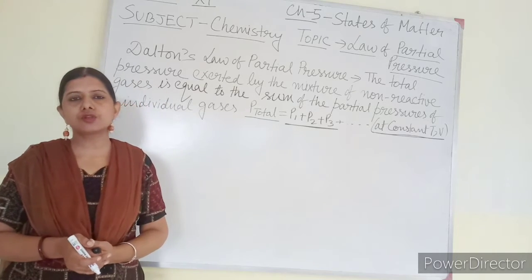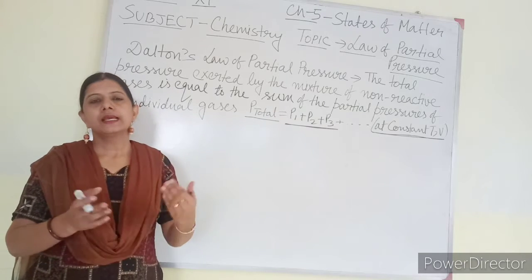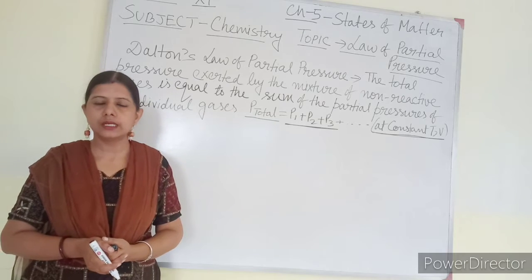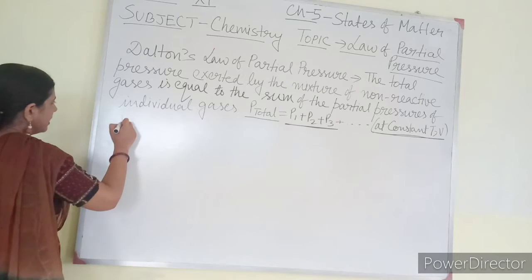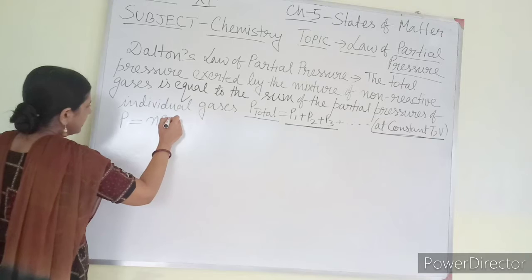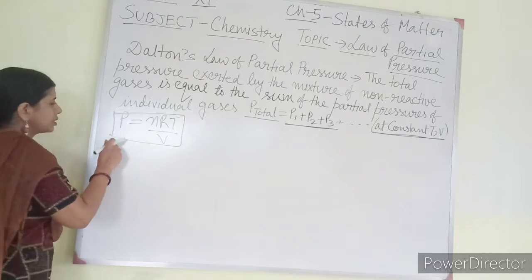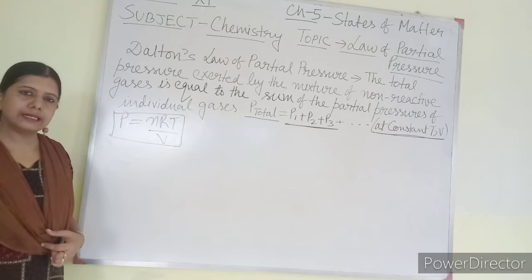So number of moles of gas 1 or gas A is N1, another gas N2, and third gas N3. According to the ideal gas equation, P equal to nRT by V. This is the equation from the ideal gas law that you have learned earlier.